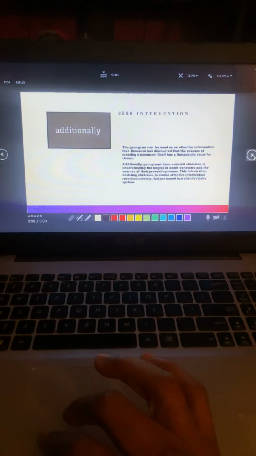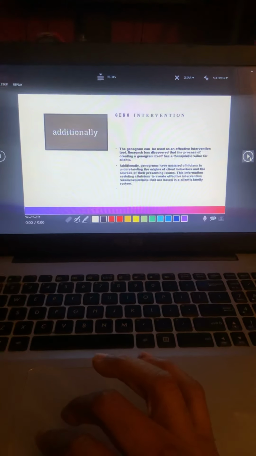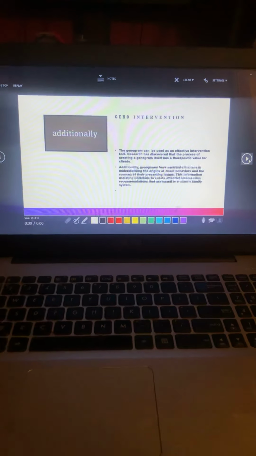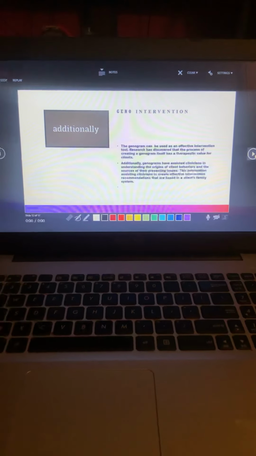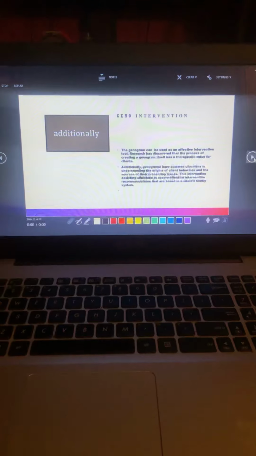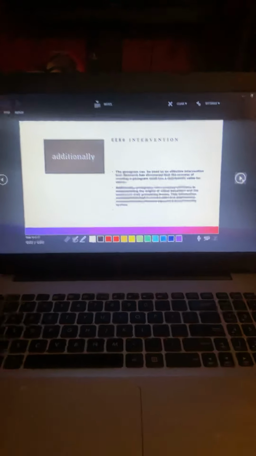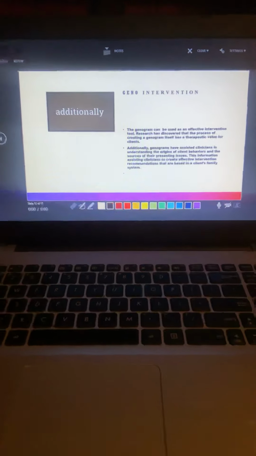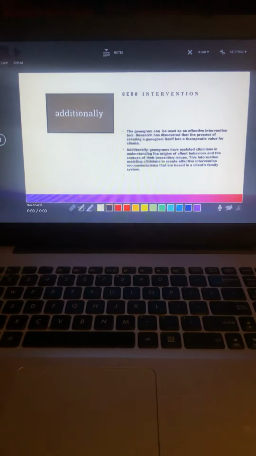Additionally, the genogram can be used as an effective intervention tool. Research has discovered that the process of creating a genogram itself has therapeutic value for clients. So once you create one, it's a huge value for the clients.